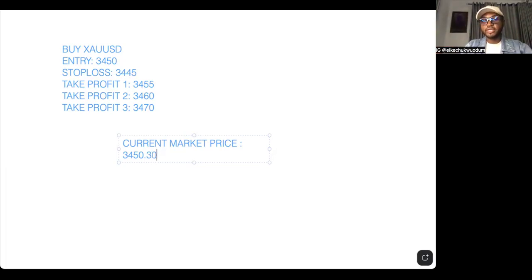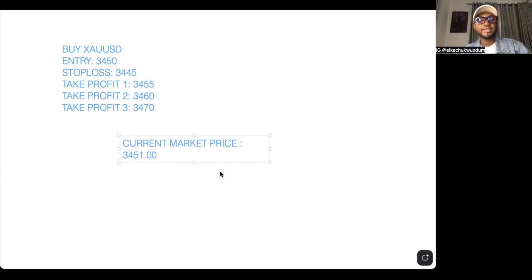When it moves to 30, price has moved by 3 pips. When it moves to 90, price has moved by 9 pips. Now, when this changes to 5-1, price has now moved by 10 pips.